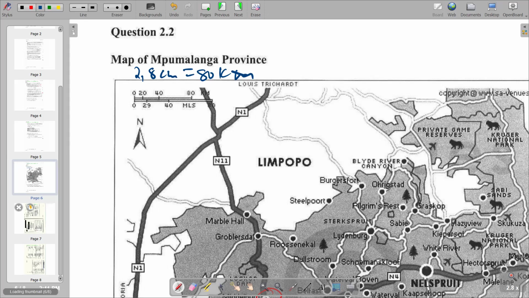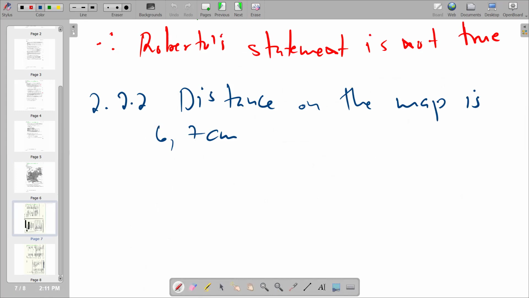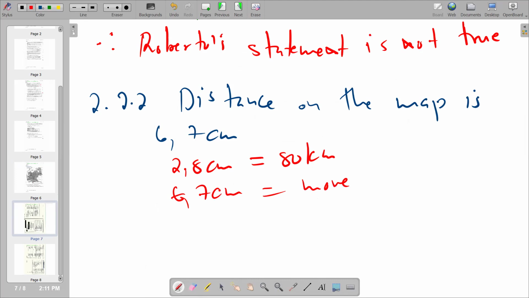We are saying 2.8 centimeters is equal to 80 kilometers. So what about 6.7 centimeters? Obviously, we need more kilometers. So we calculate that. We say 6.7 over 2.8 multiplied by 80 kilometers.